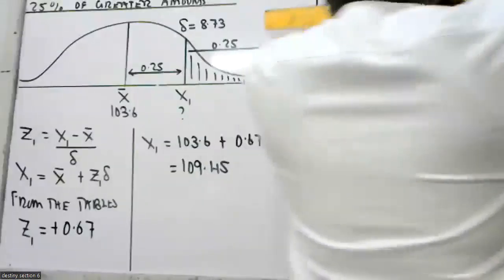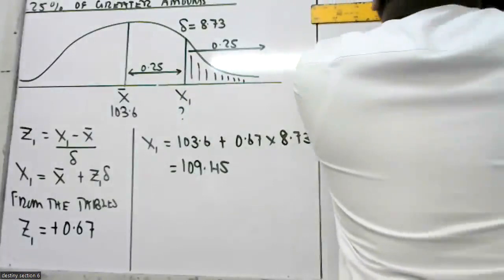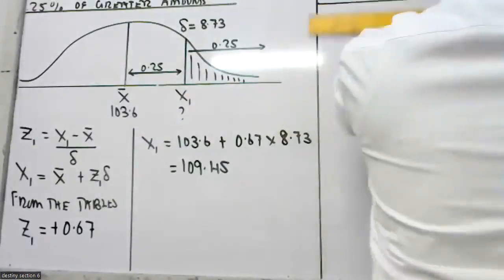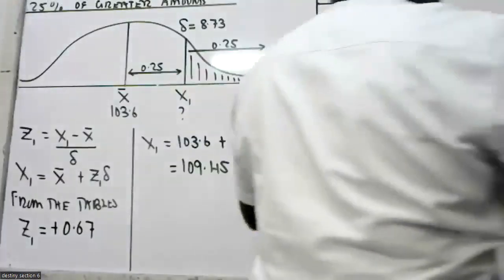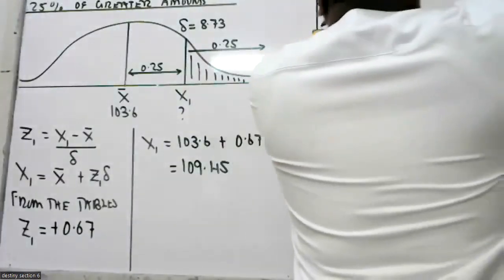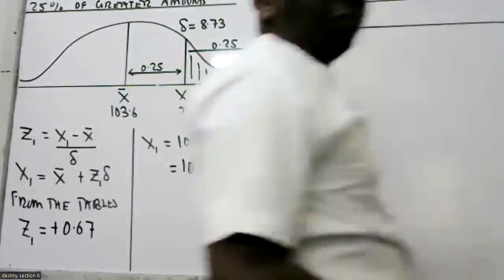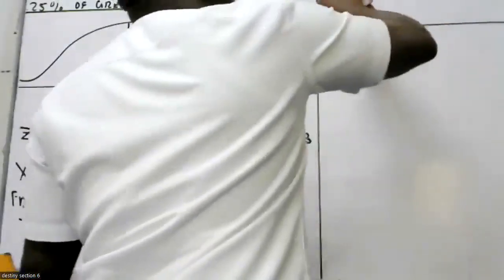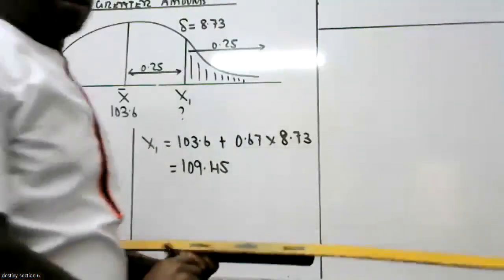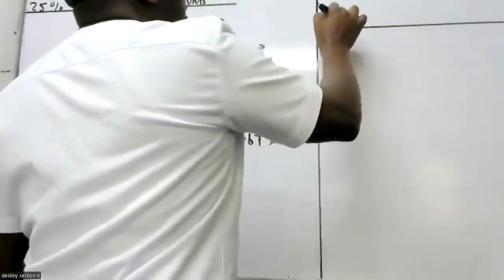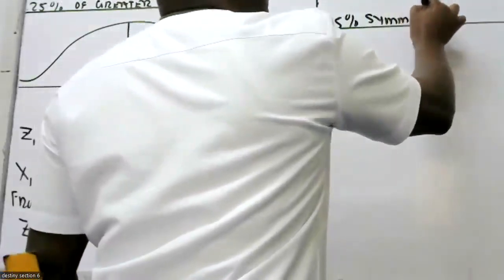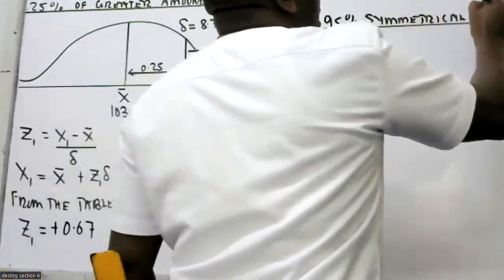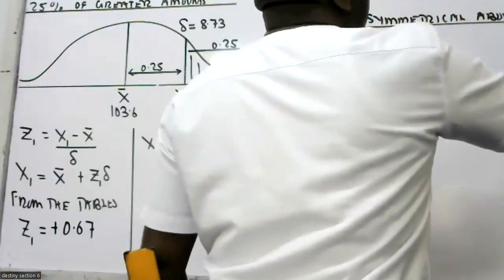So we want 95% around the mean, symmetrical about the mean.